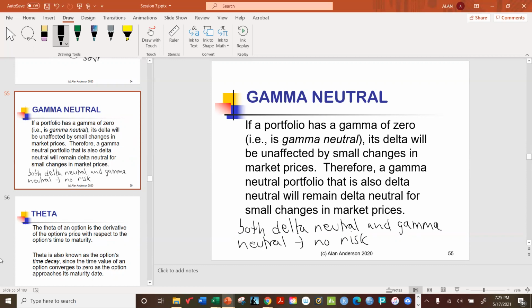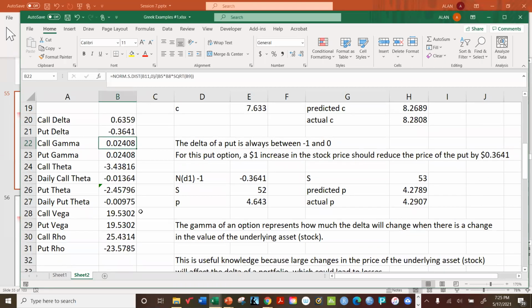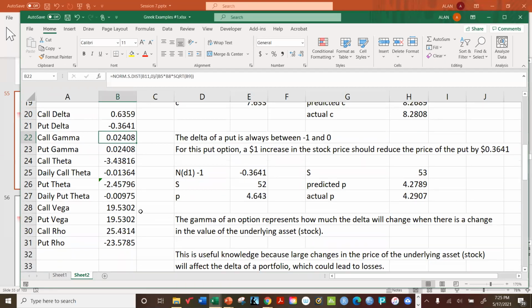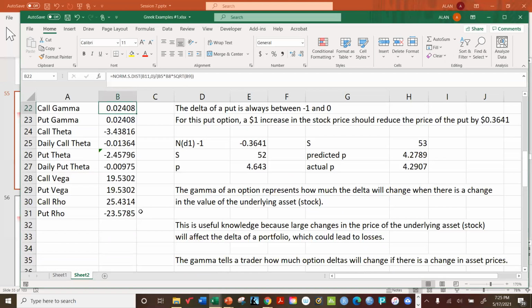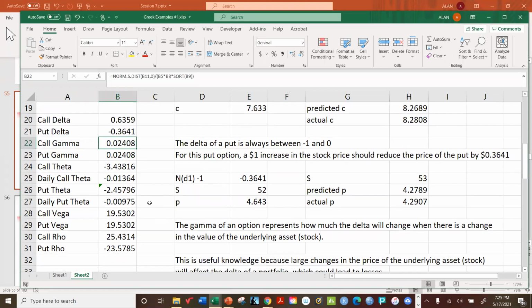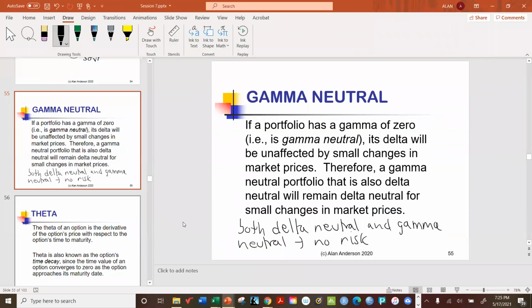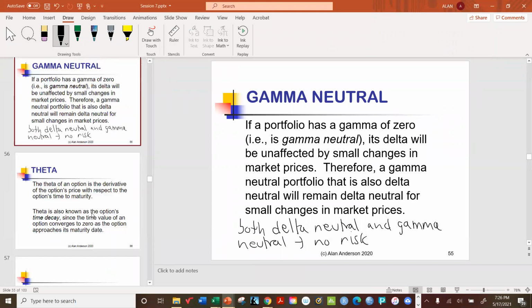All right. Now there's 3 more. There's theta, vega, and rho. They're not quite as important as the first 2, delta and gamma. We're going to look at them all anyway. We want to understand what they tell us, how they're calculated, and we want to look at their graphs so we can get a feel for what exactly they're trying to explain to us.